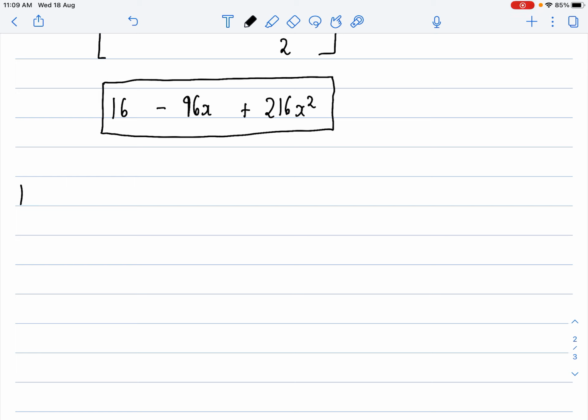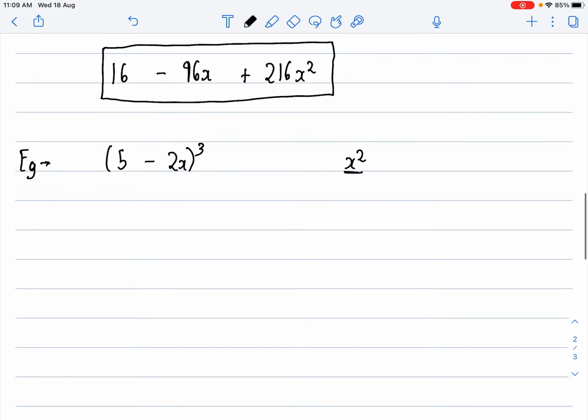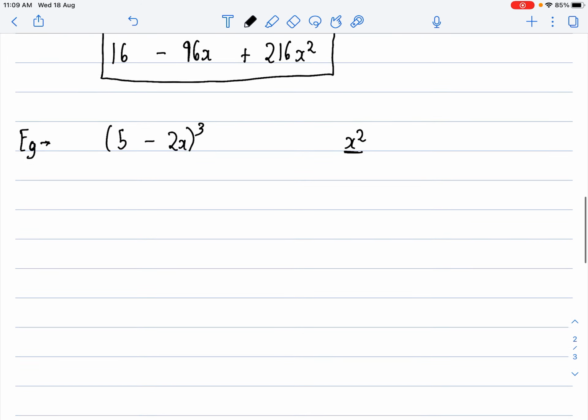Okay, so if I get something like 5 minus 2x, raised to 3, and I need to expand till, let's say, x square again. This is what they'll specify, ascending powers of x till x square, in the question, correct?